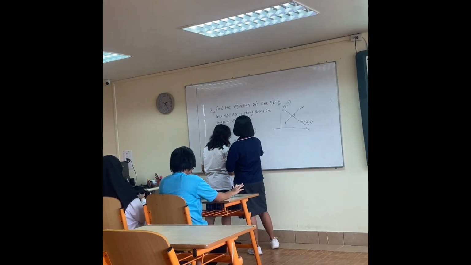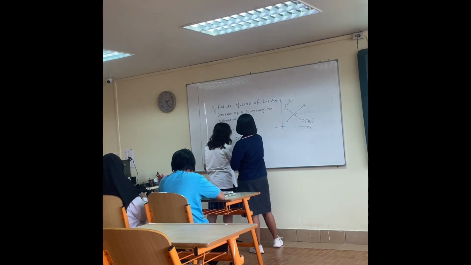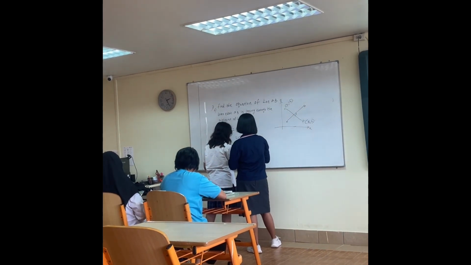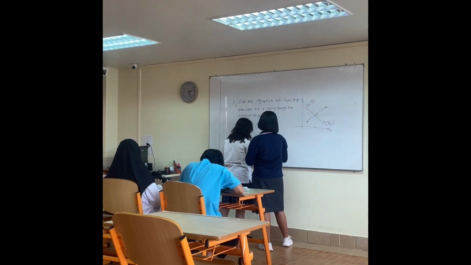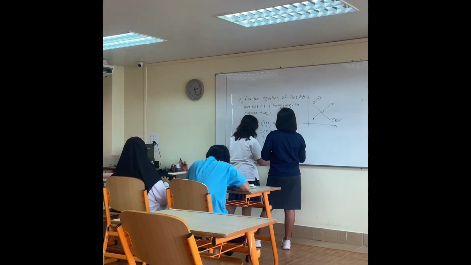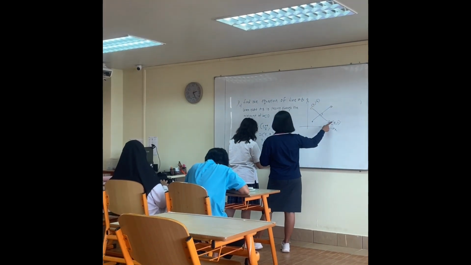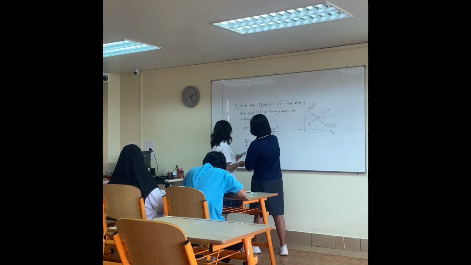X1, what's 7? X1. Yeah. Oh, I'm going backwards. Two minus 12 correct, 8 minus 2 correct.